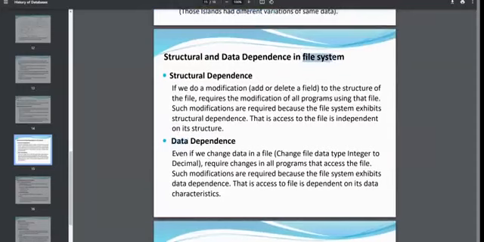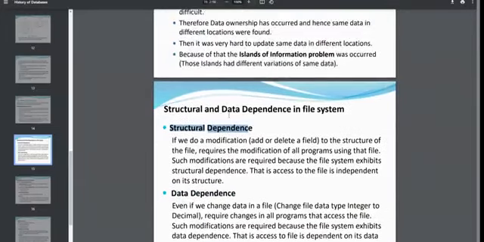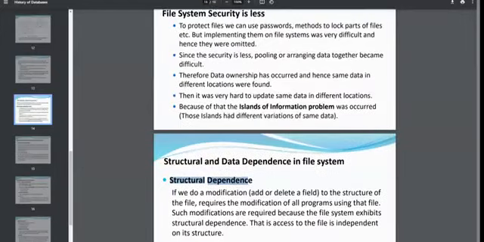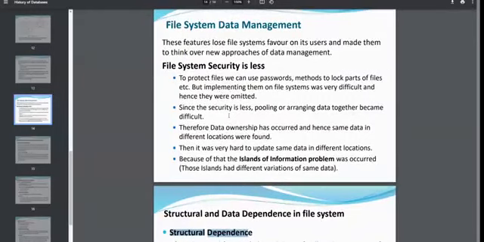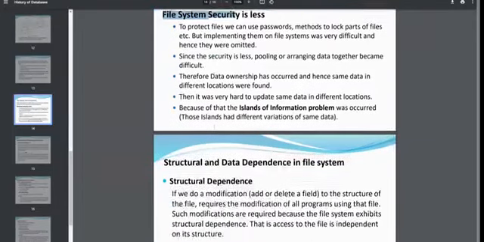We are discussing file system data management. Data dependency is a problem, structural dependency is a problem, and we discussed that the security state is also a problem.